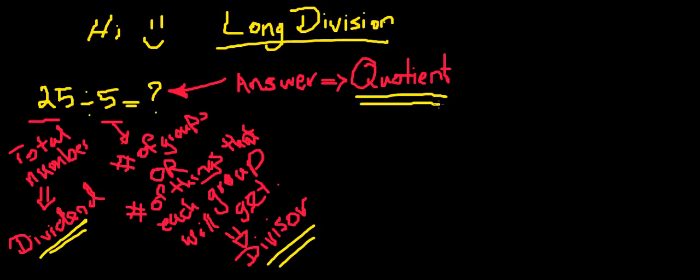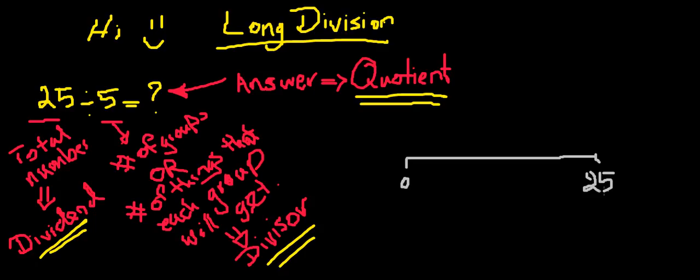Now, usually once you have this, you would draw a number line. It starts from 0, and the last number is 25. Depending on what the question is asking, you want to subtract 5 from 25 and keep going back till you reach 0.